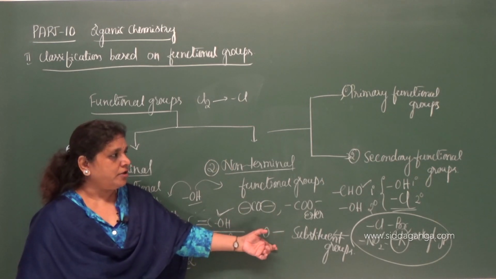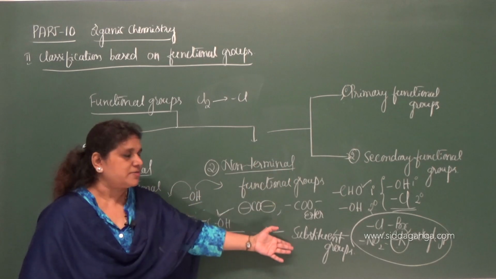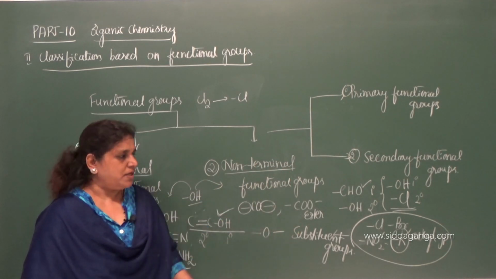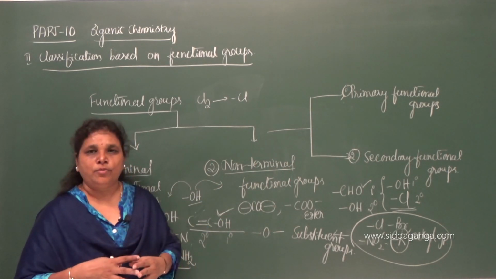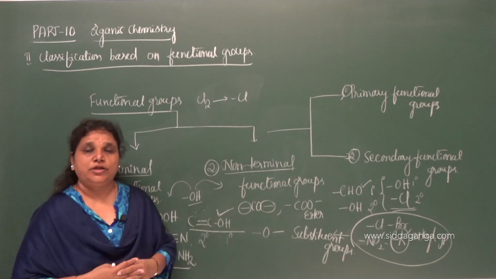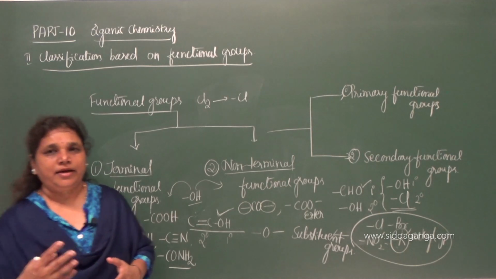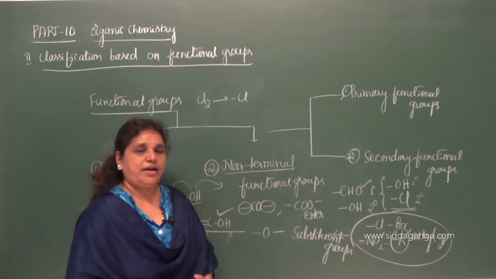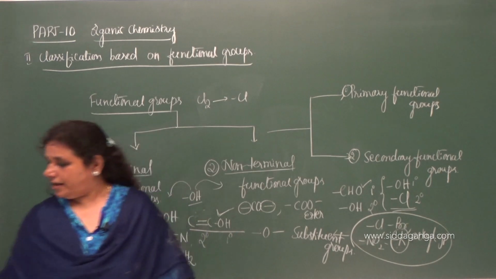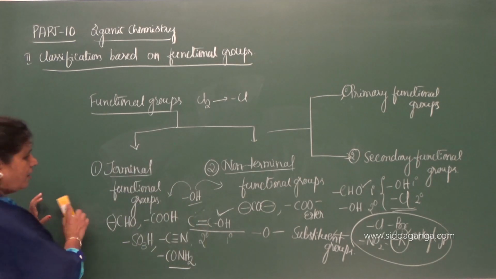Some secondary functional groups act as substituent groups. They are chloro, bromo, nitro. NaNO3, sodium nitrate is there. If you remove one oxygen from nitrate, NO3, what do you get? Nitro group.